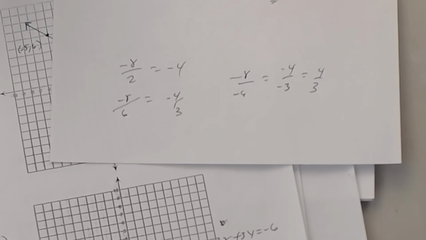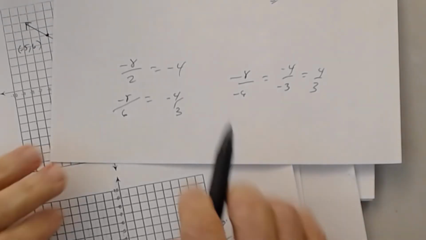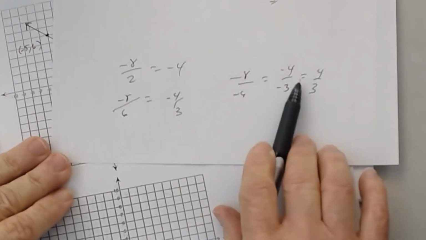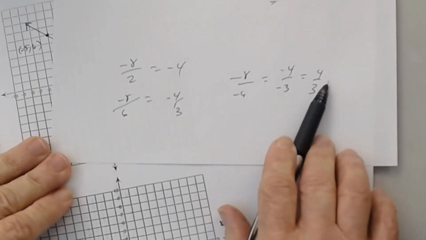Even if you want to change it to a mixed number, it's still a positive mixed number. Your problem is that you're still having some sign issues with multiplication and division. A negative divided by negative is a positive. A negative divided by positive is a negative. So as I went through this, you still want to make this negative. You got to remember, a negative divided by negative is not a negative, it's a positive.